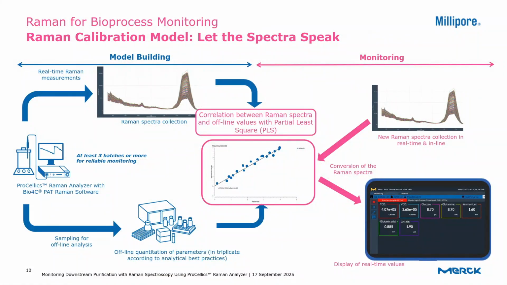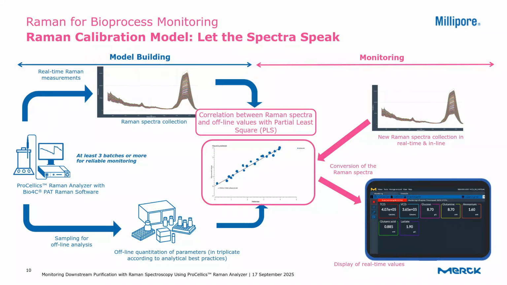When you're building your initial model, you are taking Raman spectra from inline monitoring of your process and correlating the specific peak intensities and Raman shift with offline analytics. Whatever offline analytics you're using to measure the component you're interested in, you would take multiple samples and build a model around that specific component based on the Raman spectra you've taken, correlated with the specific sample points.